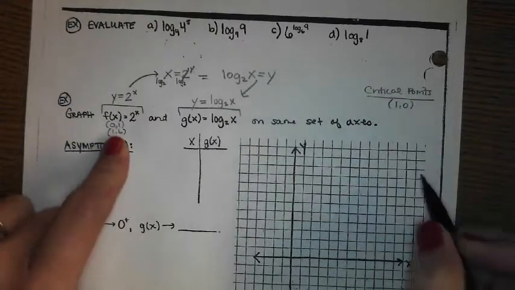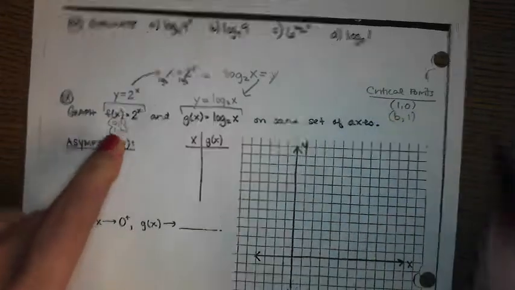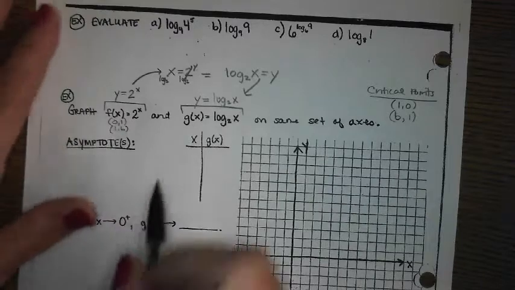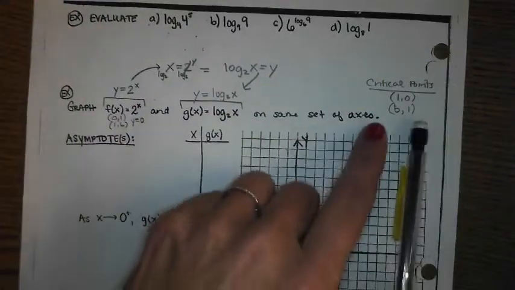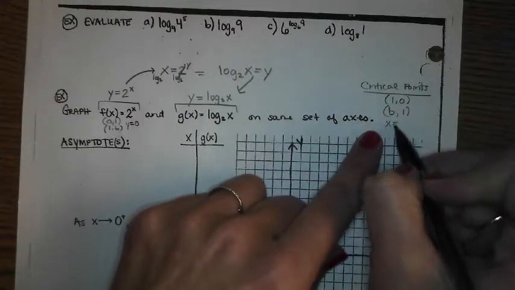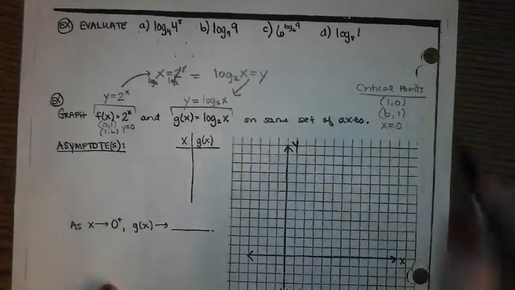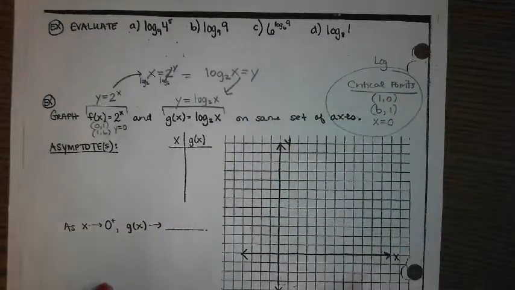What's 1 comma b going to turn into? B comma 1. And our asymptote of our exponential graph yesterday was y equals 0. What's the asymptote of a log graph? X equals 0. All things x's and y's switch. So your critical features of log functions.